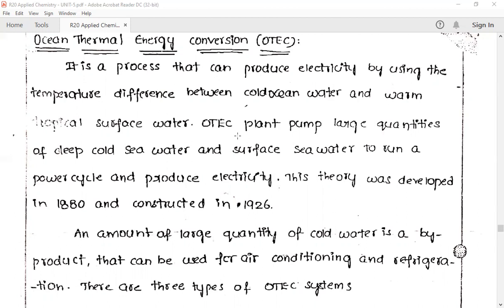Ocean thermal energy converter plants pump large quantities of deep cold seawater and surface seawater to run a power cycle and produce electricity. This theory was proposed in the year 1880 and constructed in the year 1926.